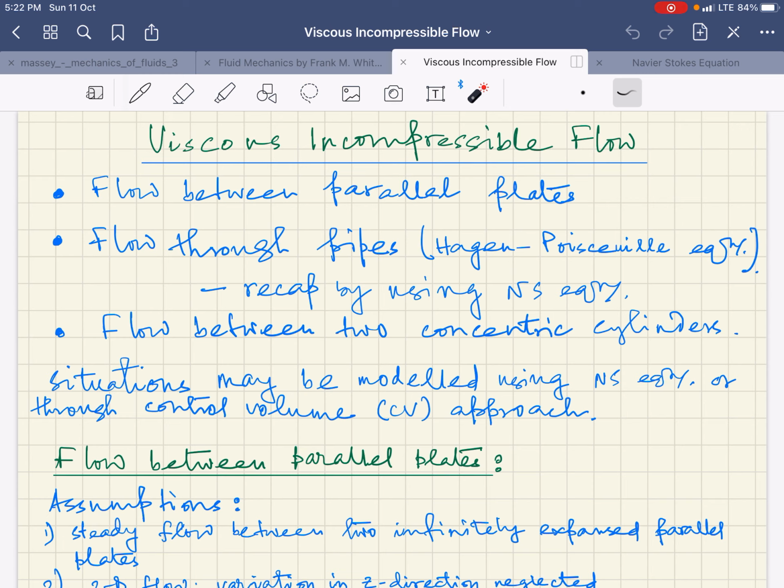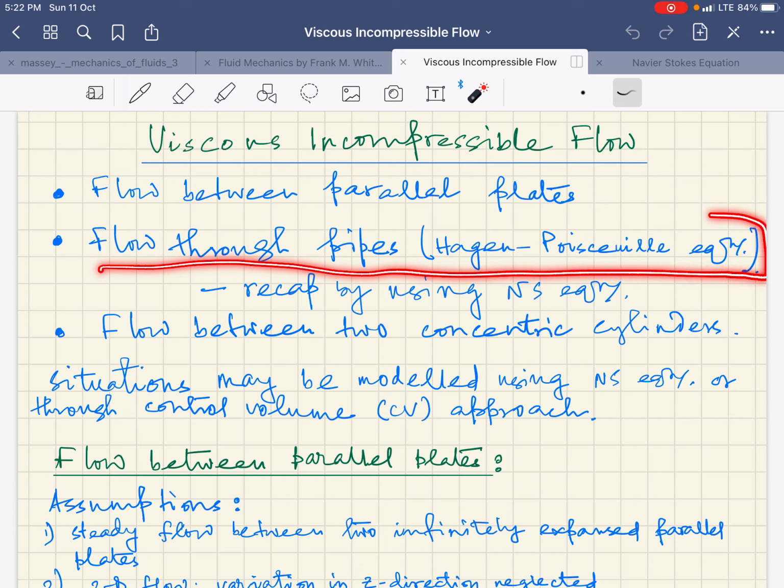First of all, flow between parallel plates. This is one kind of situation which we will look into, followed by flow through pipes, the pipe or Hagen-Poiseuille equation. You already heard about this Hagen-Poiseuille equation, which we learned in Fluid Mechanics 1. So why go to repeat that?